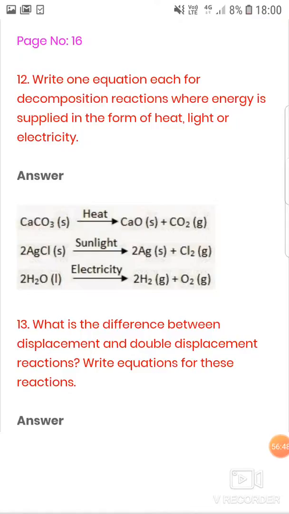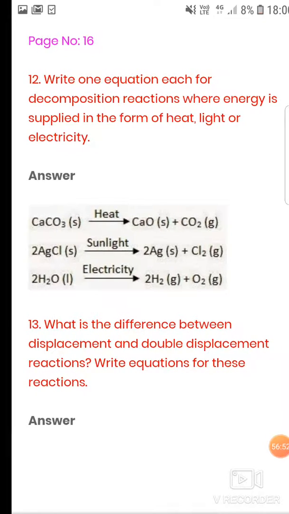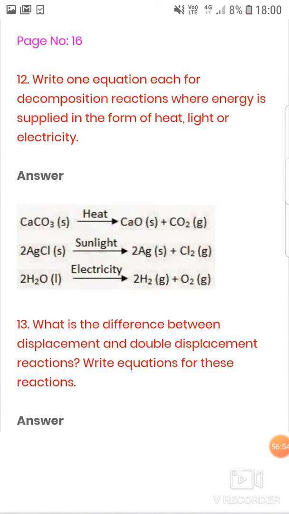When silver chloride is exposed to sunlight, it gives silver and chlorine, and when water is electrolyzed, it gives hydrogen and oxygen. Two separate products are formed by one single reactant.